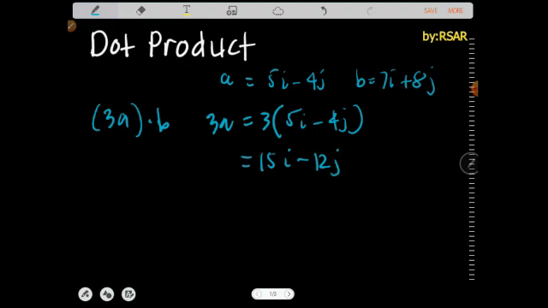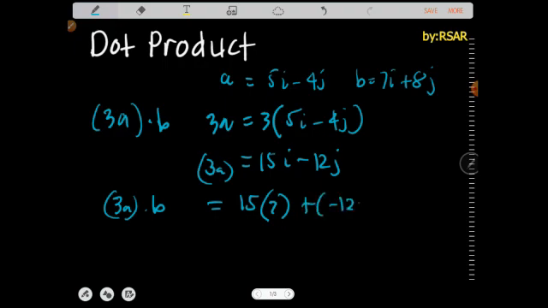Now this is the value of the quantity 3A, so we can take its dot product. We can assume that the quantity 3A is just A so you won't be confused, since we already simplified it. So that is 15 times 7 plus negative 12 times 8, which is 105 minus 96, equal to 9.